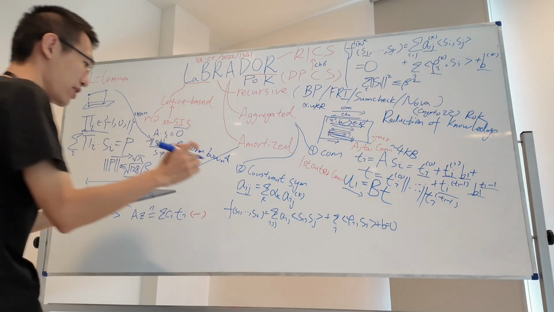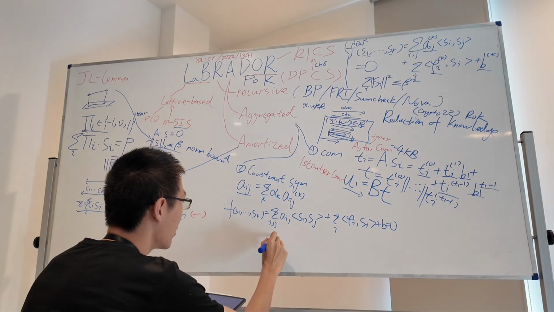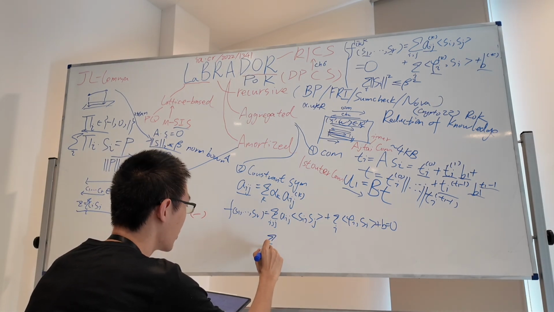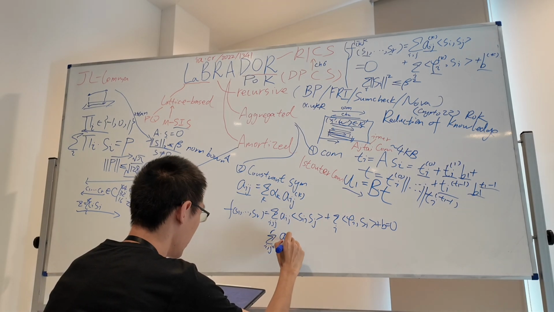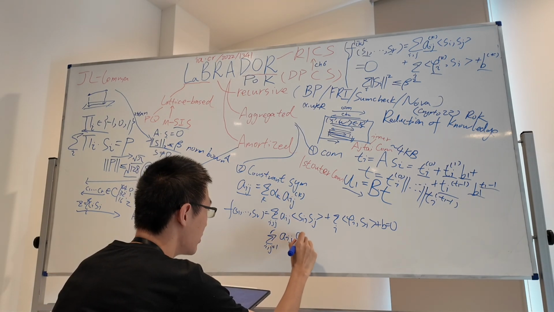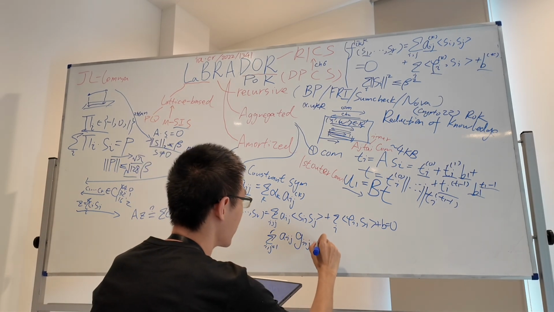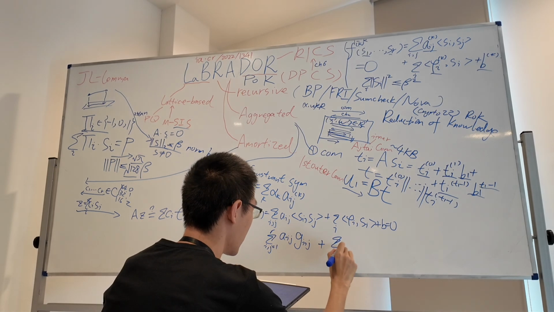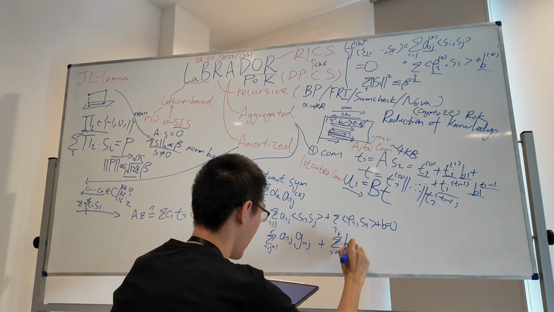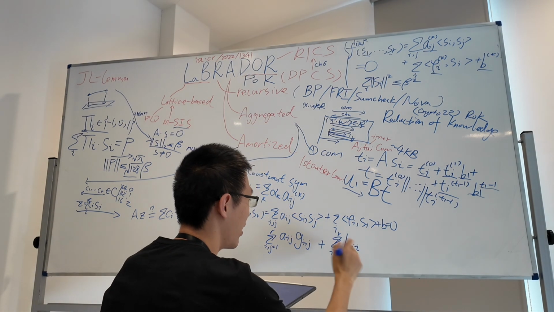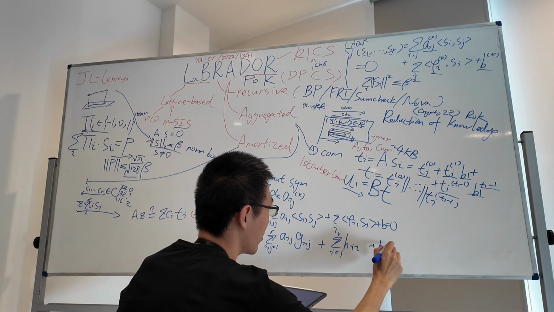Which can be reduced to something like this: sum of Gij, I will explain what j means, and Hi, and I will explain what Hi means, plus b equals 0.